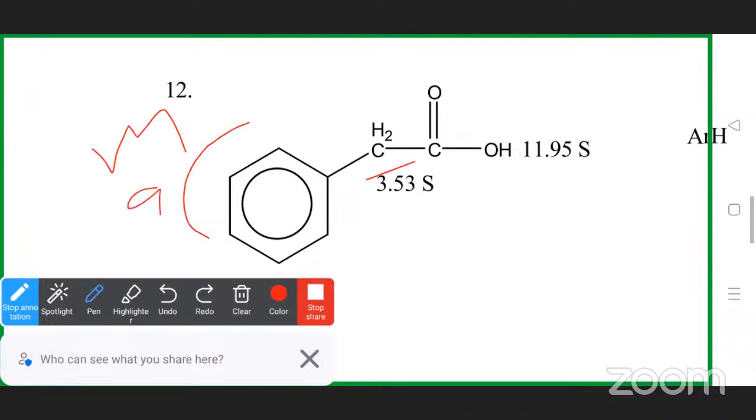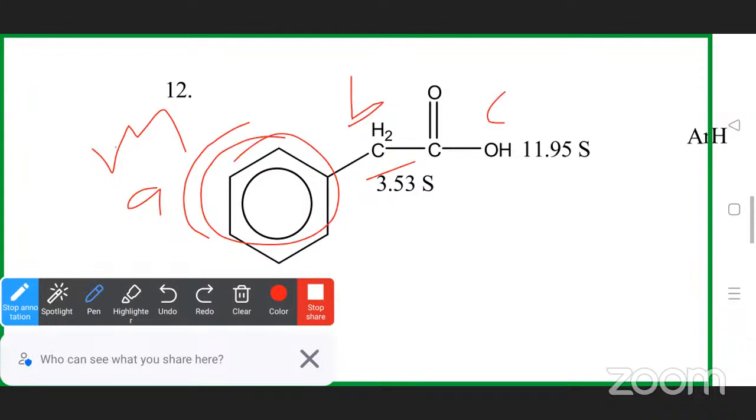This is A, this is B, and this is C. There are 3 signals. For the aromatic ring, you will get multiplets in the range of 6 to 8 generally.